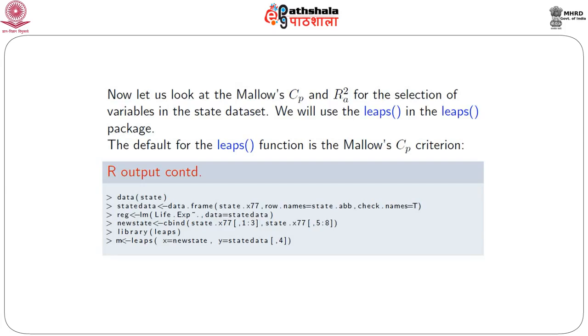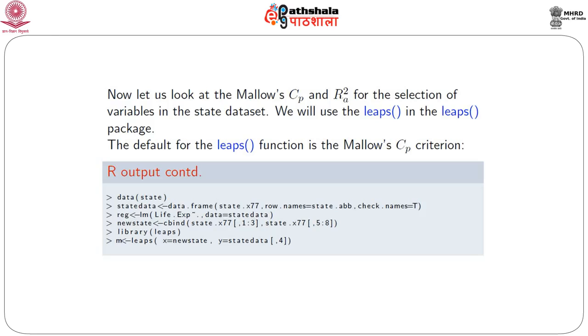Then we write reg as the lm object of regressing life expectancy on all the predictor variables that are included in the data set. Then we use the leaps function and call that m. So, m equals leaps, x equals our new state and y equals the state data fourth column, which is our response variable.